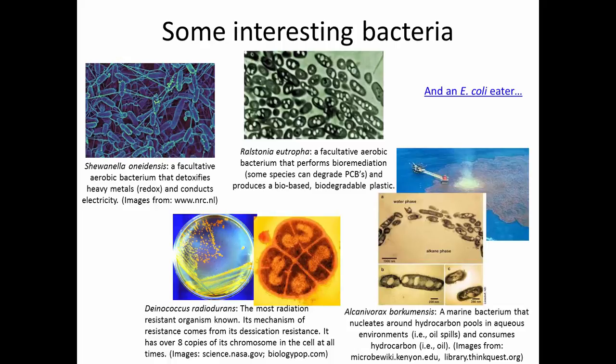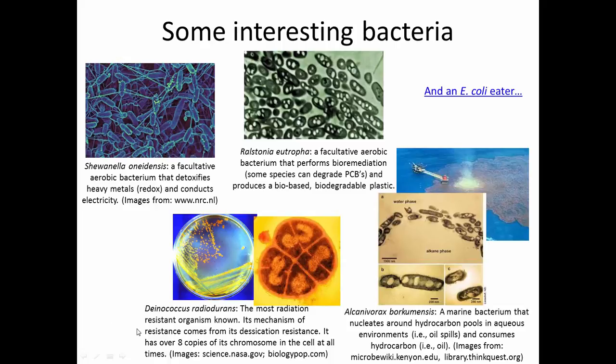Some species can degrade those polychlorinated biphenyls, and it also produces a bio-based biodegradable plastic. You can see inside these bacteria little white dots, which are granules full of this biodegradable plastic. Deinococcus radiodurans is an interesting one. It's the most radiation-resistant organism known.